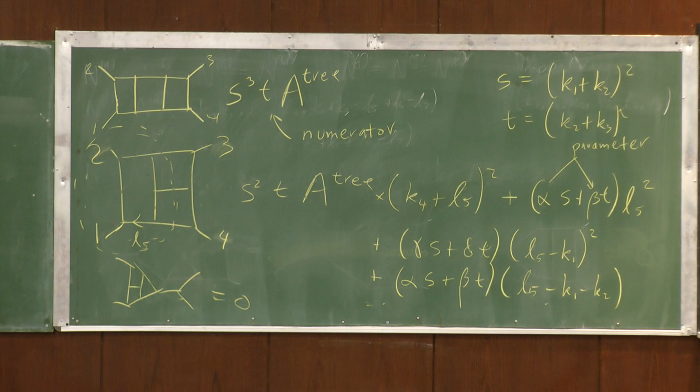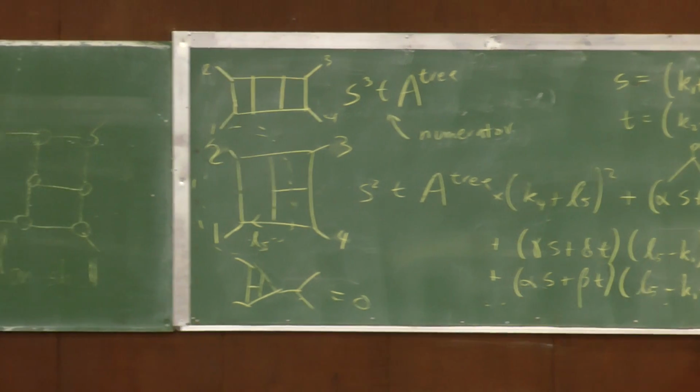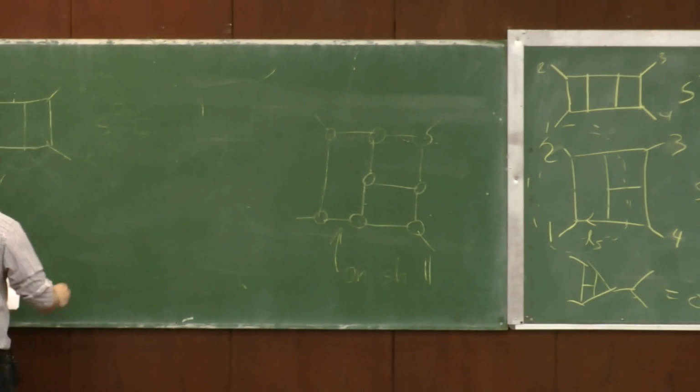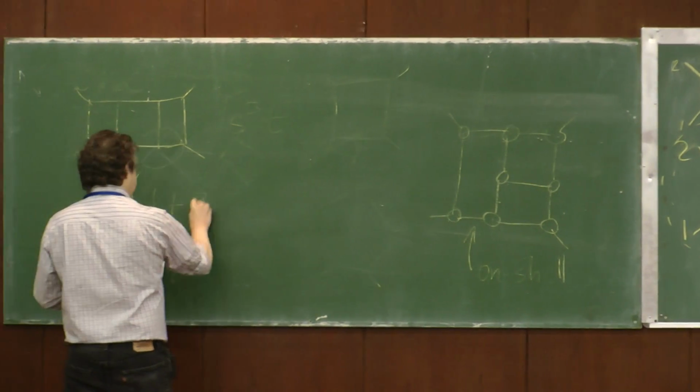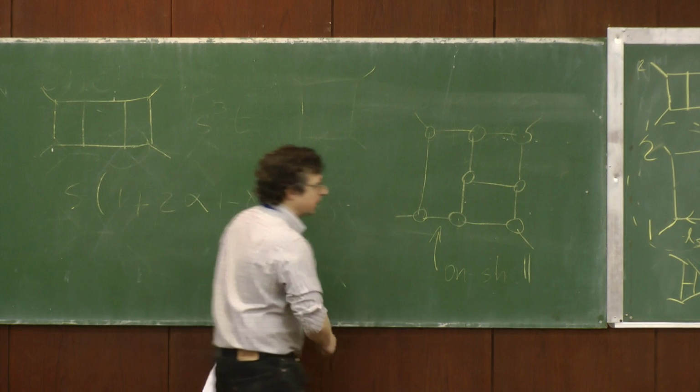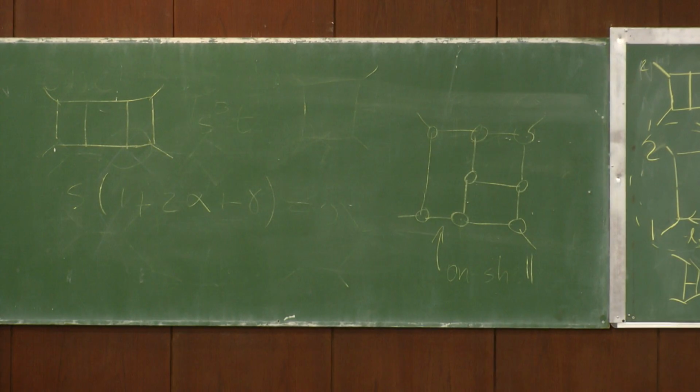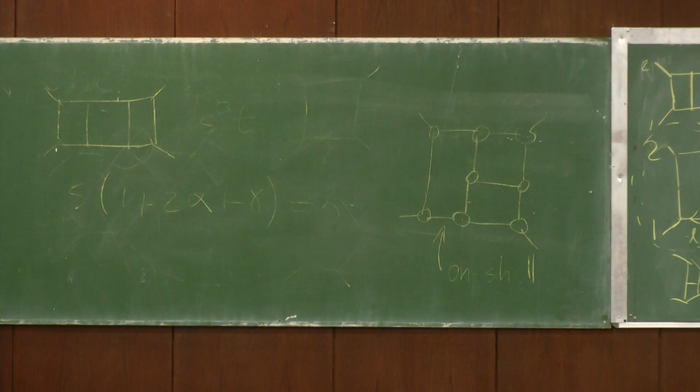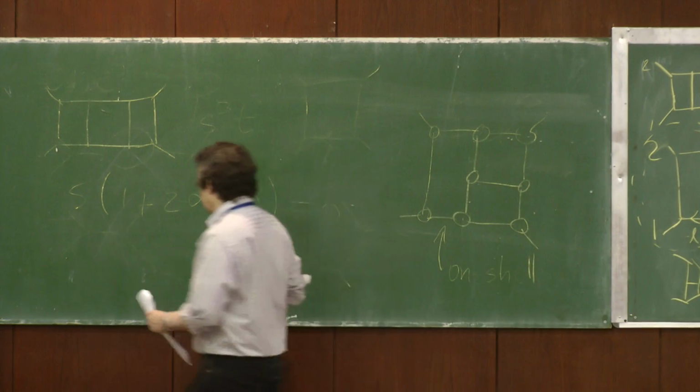So I then immediately get constraints. So the coefficient of s, I would have 1 plus 2 alpha, I hope you can read that, plus gamma is equal to 0. There's the 1, there's 1 alpha, 2 alpha, plus gamma, that has to be 0. And that's eliminating the quadratic term, which is not allowed by knowing how one loop works.